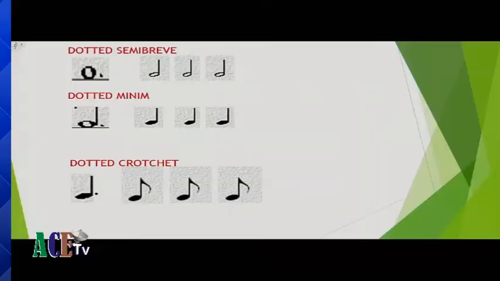I told you that the dot serves as half of the note. If a dot comes after a semibreve, that dot is half of the semibreve. If a dot comes after a minim, the dot is half of the minim. If a dot comes after a crotchet, the dot is half a crotchet.